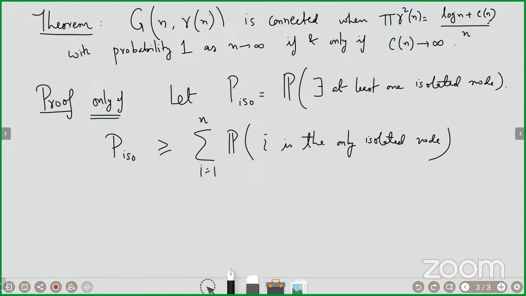Okay. Now, what more interesting can you say from here? Can you somehow connect a single isolated node and a pair of isolated nodes? So I want this probability to be written in terms of pairs as well as singletons.